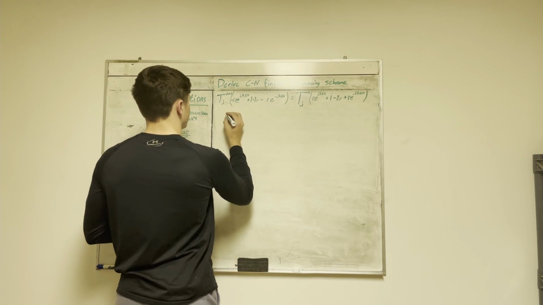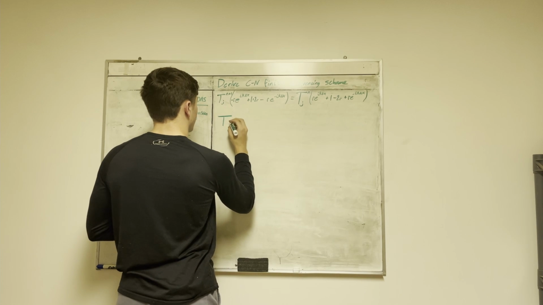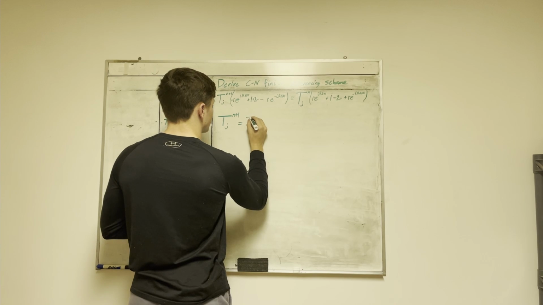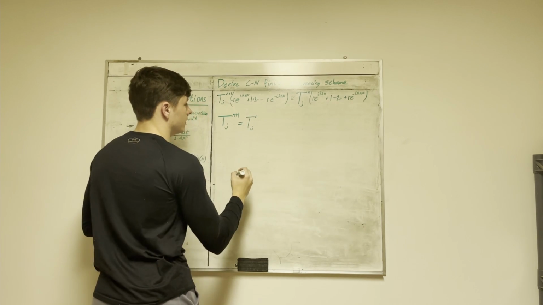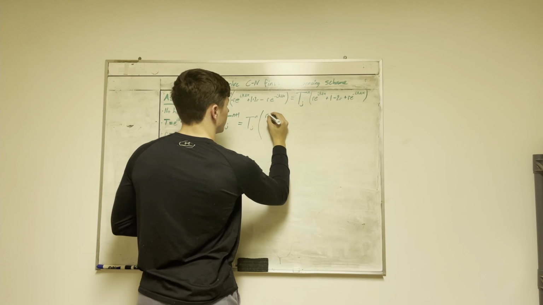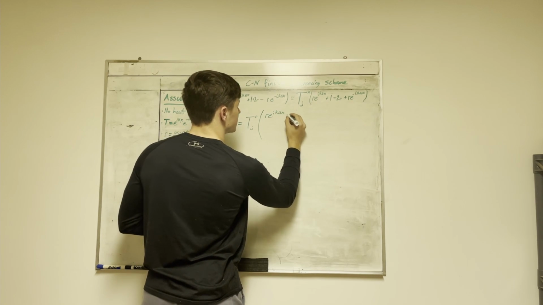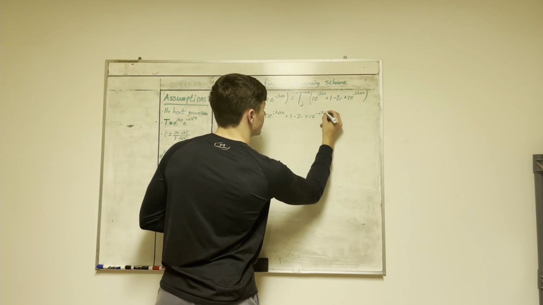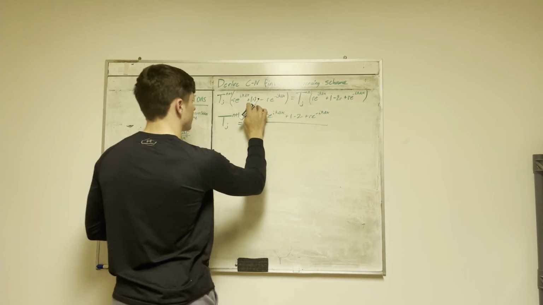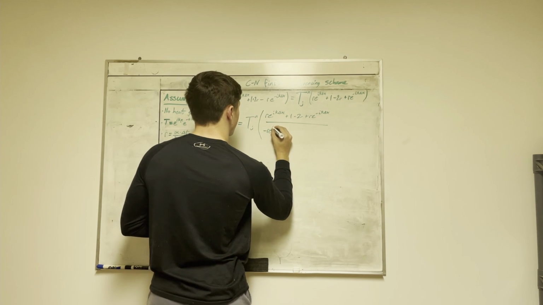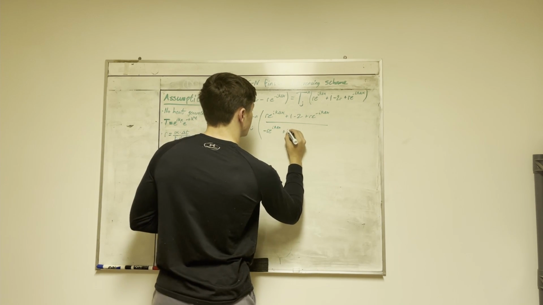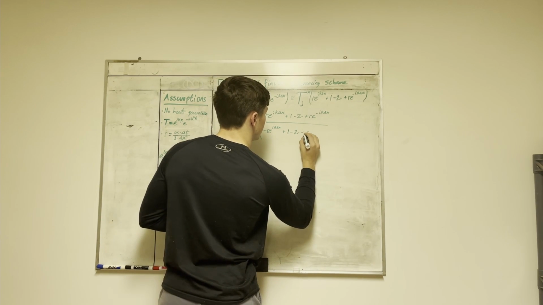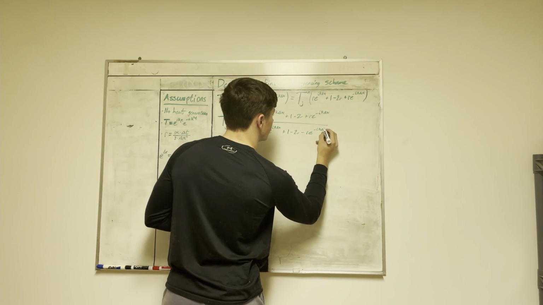So we have the temperature at J at some later time, n+1, equals the temperature at J at some time n times r e to the i k delta x plus 1 minus 2r plus r e to the negative i k delta x, divided by this quantity here, negative r e to the i k delta x plus 1 plus 2r, minus r e to the negative i k delta x.